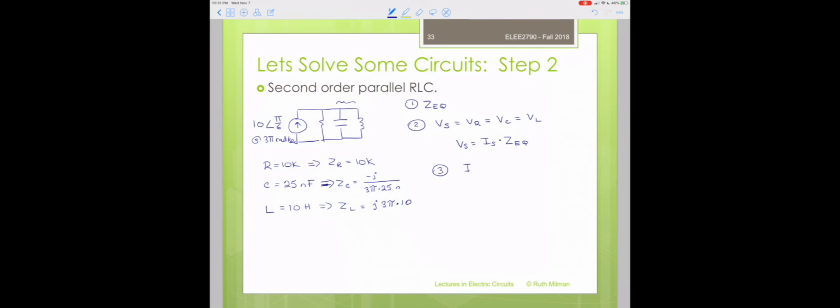We know that for every element, the current is equal to the voltage in that element divided by the impedance in that element. But of course, all of these voltages are the same because it's in parallel. So all you're going to have to do is for each one of these, take IR is equal to V over ZR. IC is equal to V over ZC. And lastly, IL is equal to V over ZL.